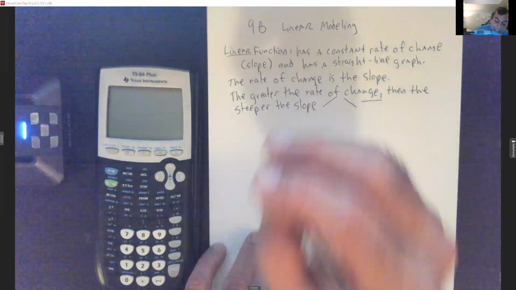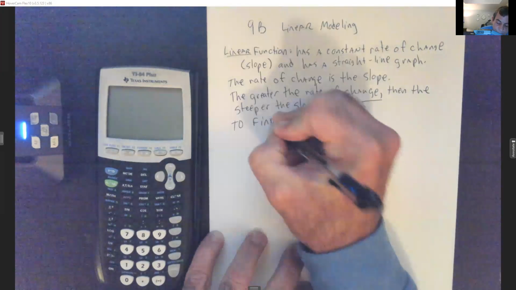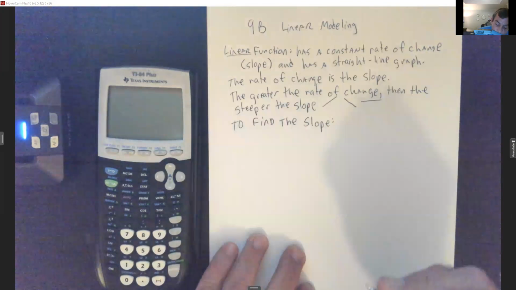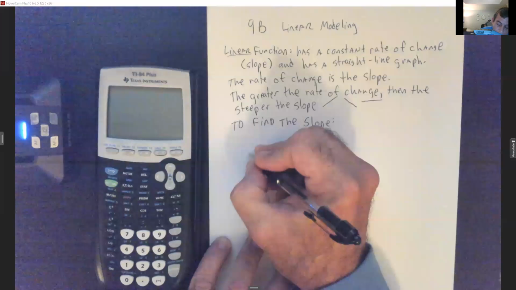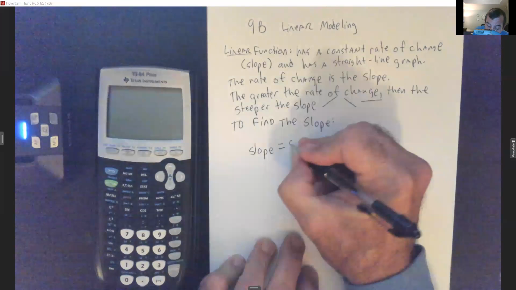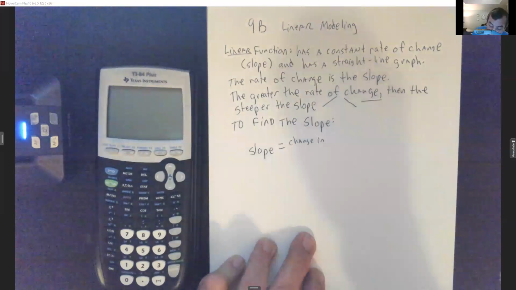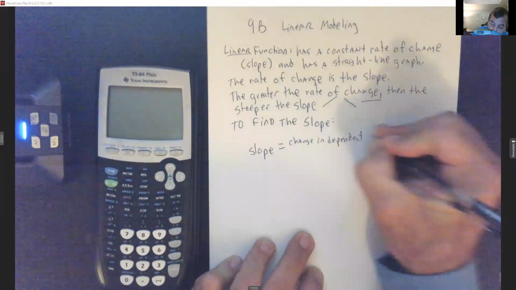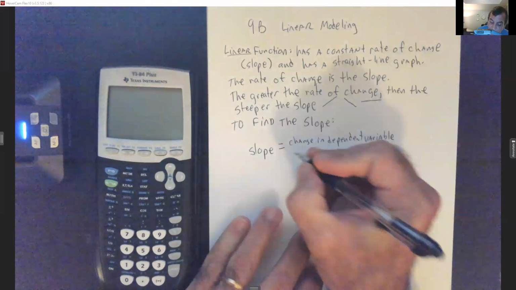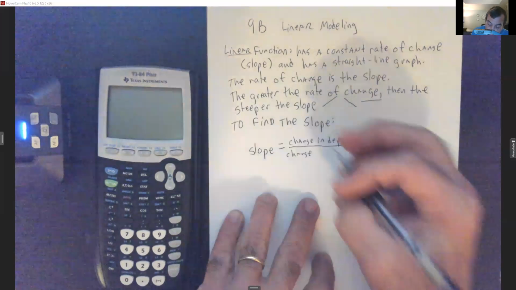So to find the slope, we got a formula we use. So the rate of change, or the slope, is going to be equal to the change in the dependent variable that's divided by the change in the independent variable.